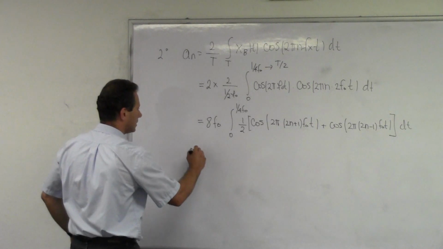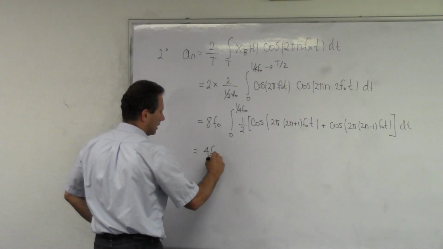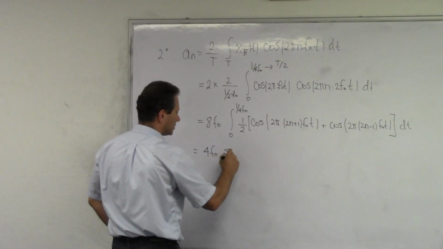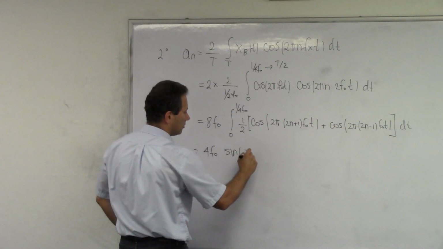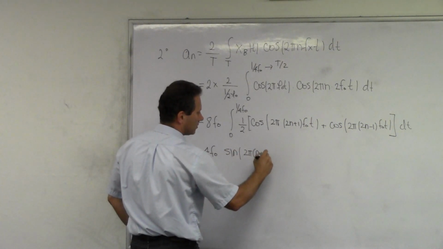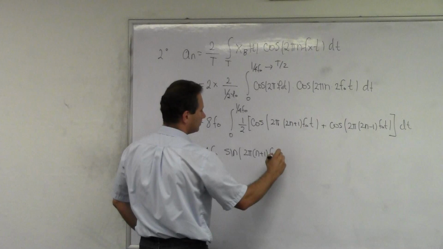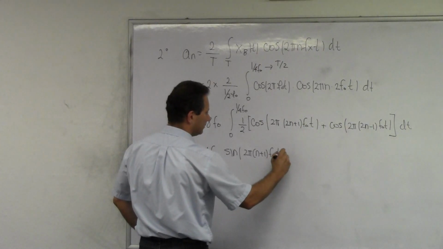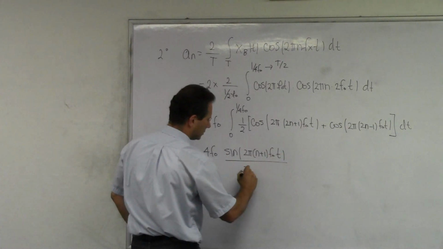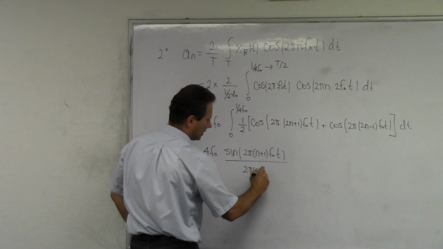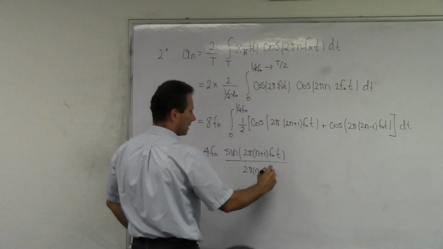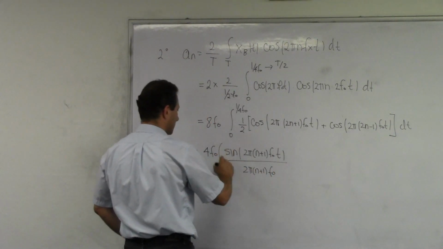Now, these are easy to integrate, so this becomes 4 f0. Integral of the cosine is the sine, 2 pi 2n plus 1 f0 times t over 2 pi 2n plus 1 f0.